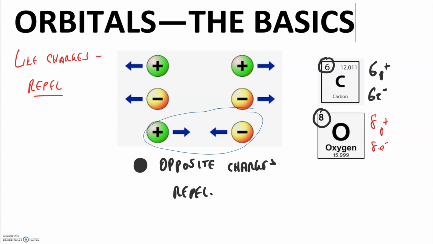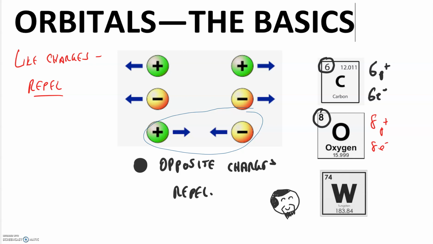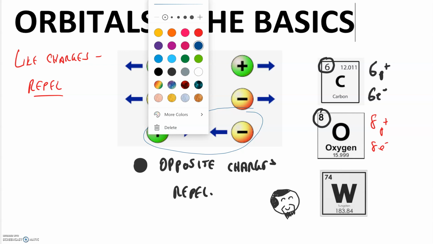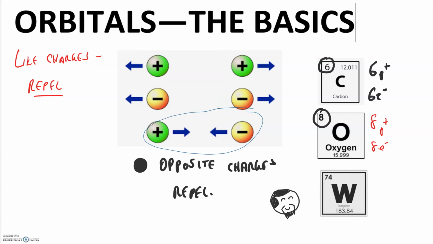Or what about a big element like tungsten? This is a big, heavy-duty element. It has an atomic number of 74. That means it has 74 protons, and that means it has 74 electrons. Well, that's a lot of electrons.